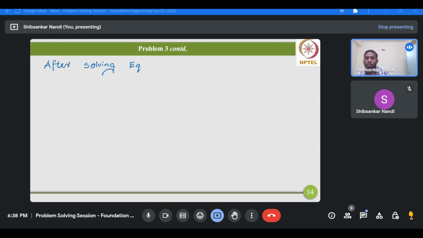I am not solving this equation here, so you can try at home. It's a very straightforward solution. If you solve it, you get the value of y as 3 meter approximately.